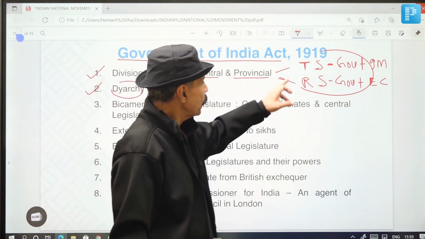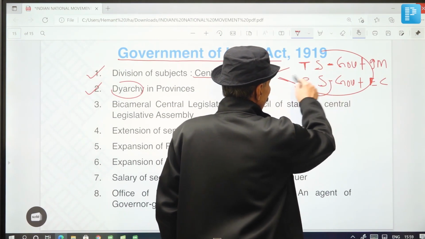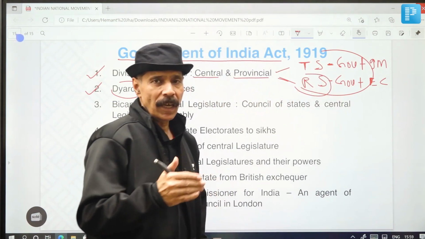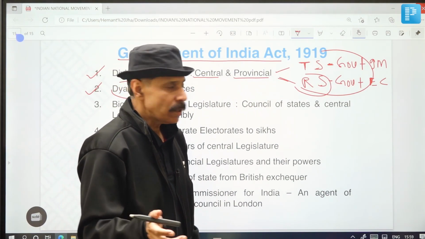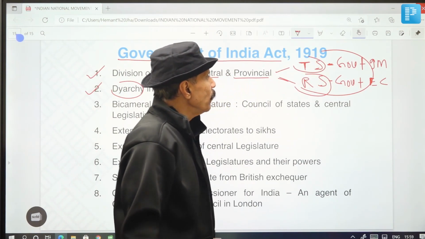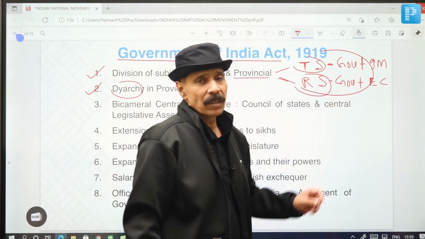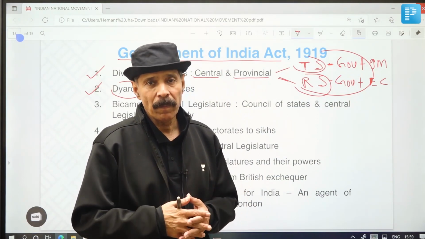And division was such that all the important subjects were placed under reserve, like finance, law and order, police, and the subjects of lesser importance placed under transfer. Besides, governor was there. Indian ministers were not alone to govern.